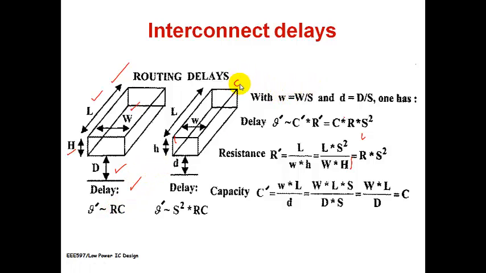And this is the current day device, the interconnects we are using with the current day chips. The same L we maintain, because we are reducing the device sizes, not the chip wafer.